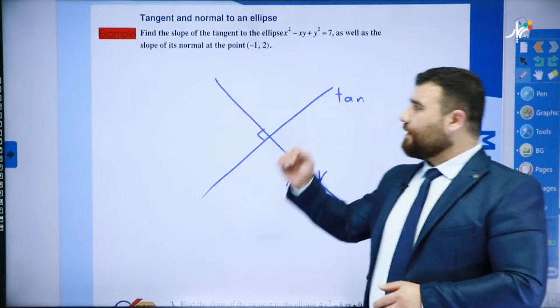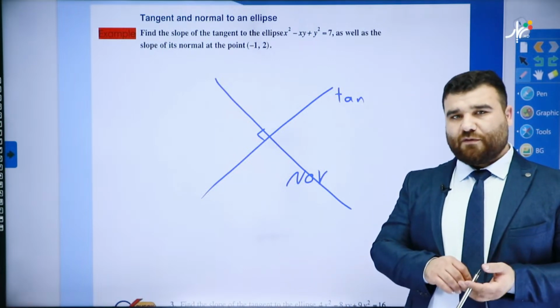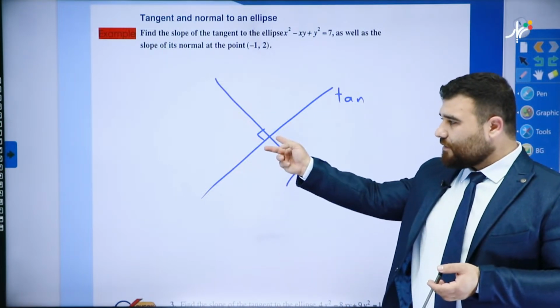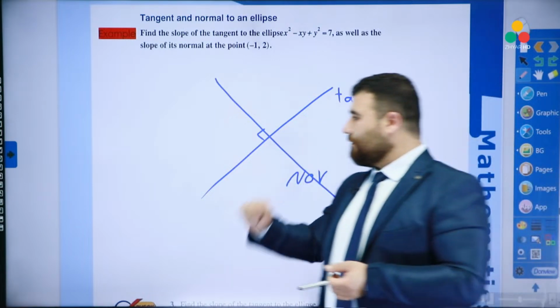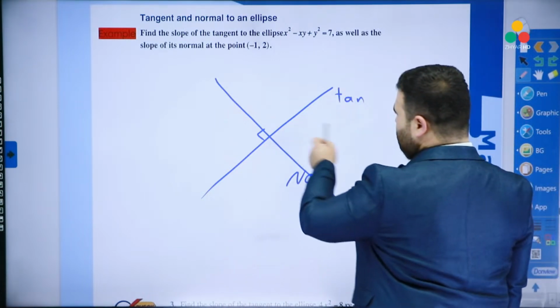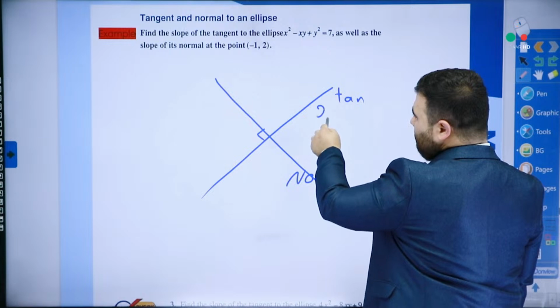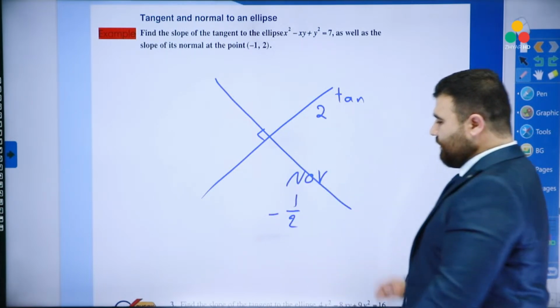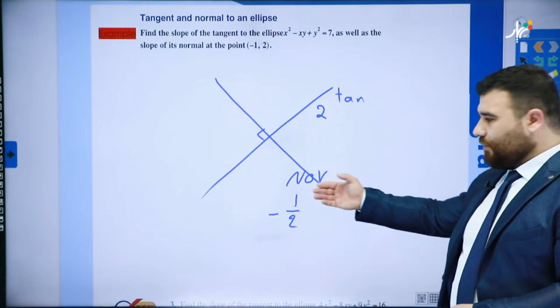So if I want to find the slope of the normal, I need to find the slope of the tangent first, then switch the slopes to be perpendicular. For example, if the slope of this line is 2, the slope of the other line will be negative 1 over 2. So it is upside down with the opposite sign.